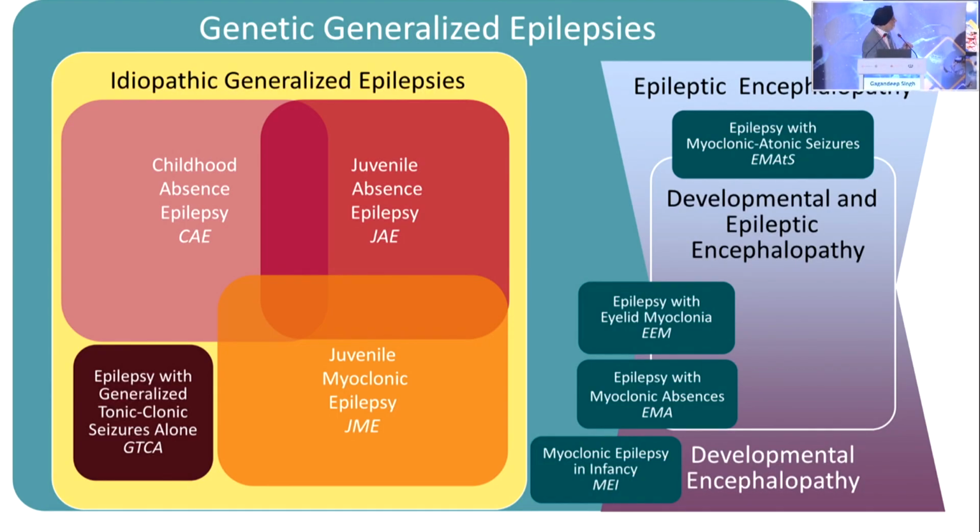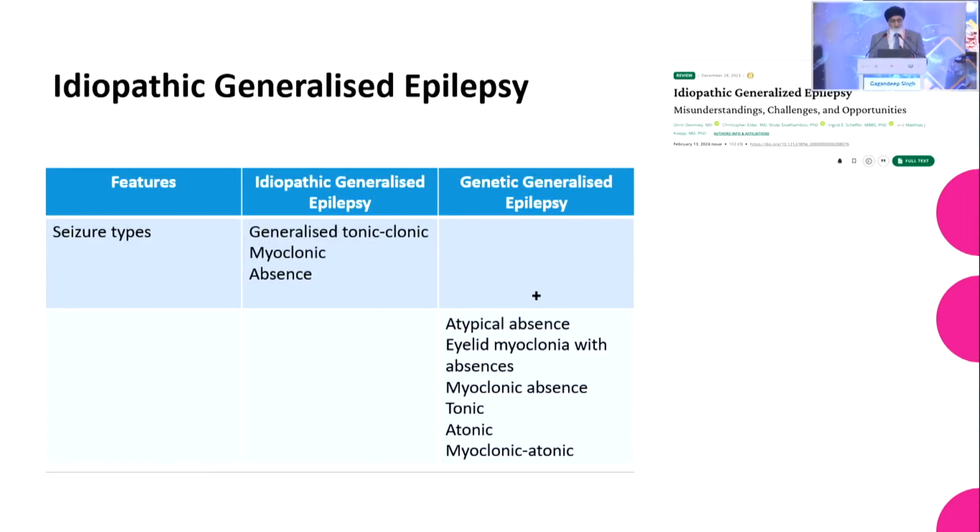Epilepsy, this was earlier called the Doose syndrome, epilepsy with eyelid myoclonia, epilepsy with myoclonic absences, this is Jeavons syndrome. This was described by Tassinari, so Tassinari syndrome, and so on and so forth. And the hallmark here is developmental slowing, regression, standstill in association with very difficult to control epilepsy.